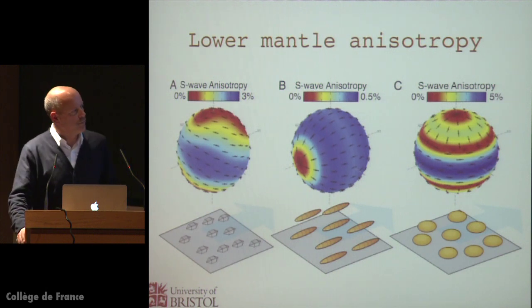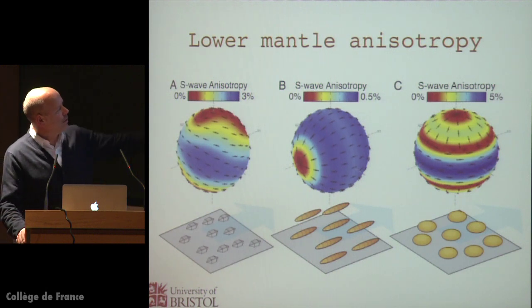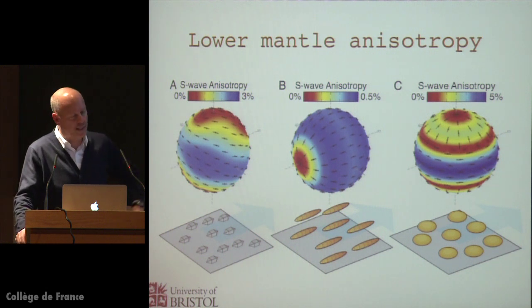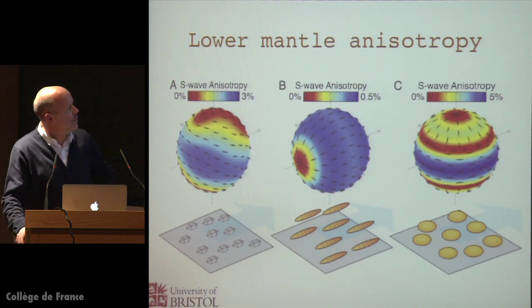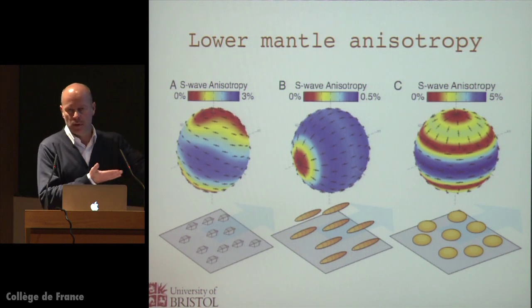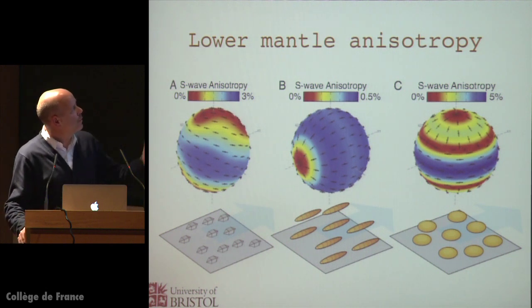Just to give you an idea of relative magnitudes, these spherical plots show variations in shear wave splitting, again with the fast shear wave polarizations indicated on them. On the left is a prediction for a candidate post-perovskite with a shear in the horizontal direction. It predicts a maximum of 3% shear wave splitting.